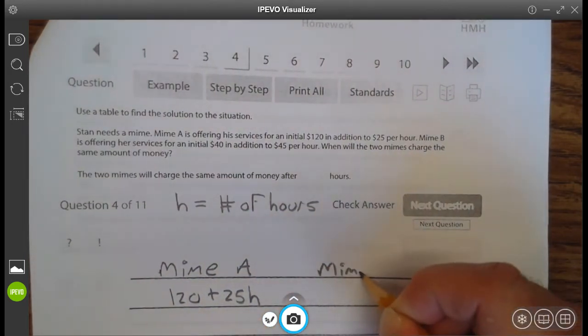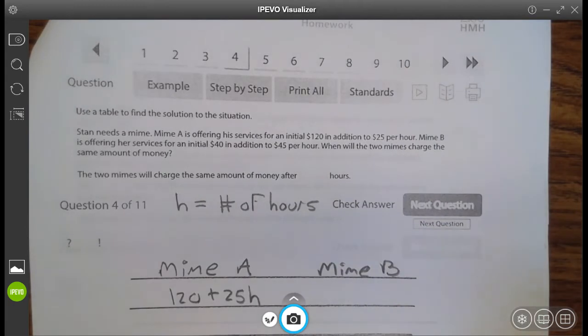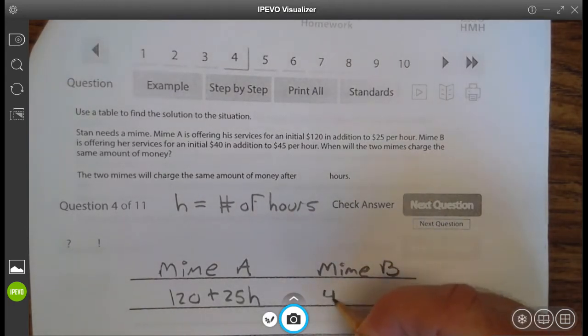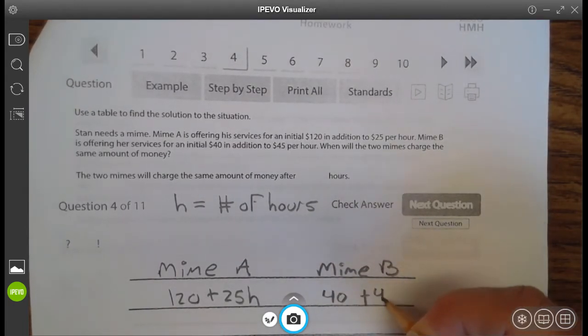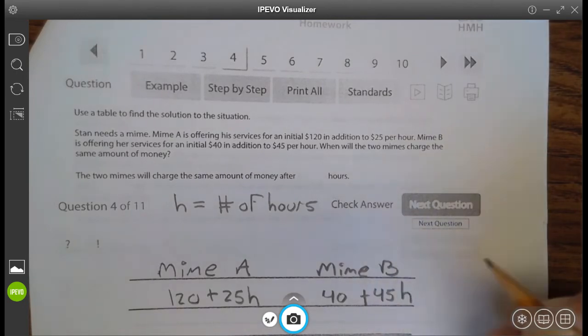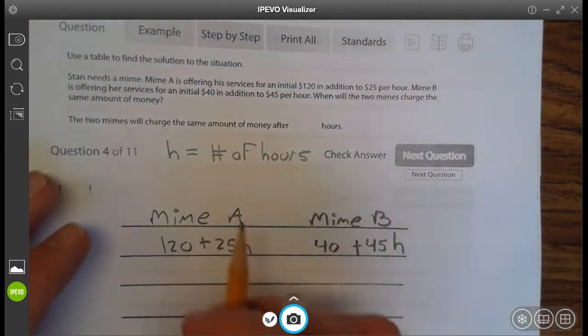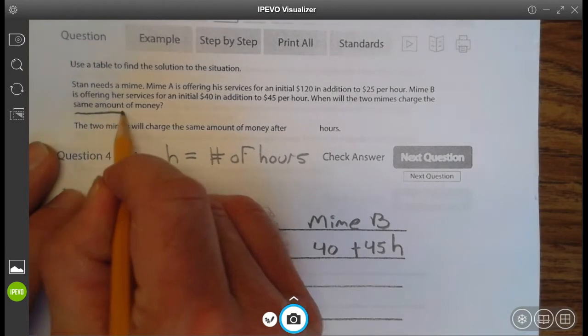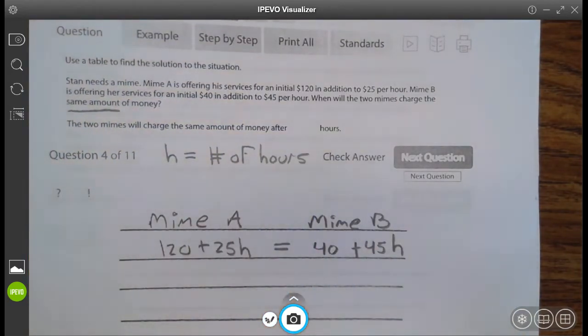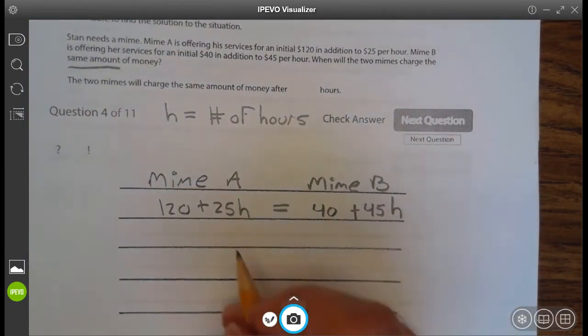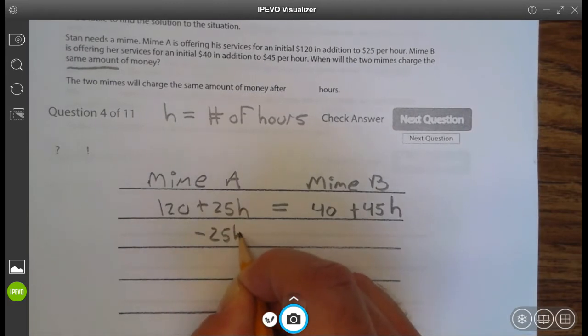Mime B is offering a service for initial $40 plus $45 per hour. Now, we want to find when it's the same amount, so we're going to set the two expressions equal to each other and solve. So we're going to subtract 25h from both sides.